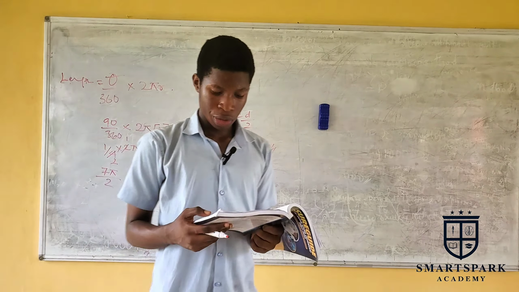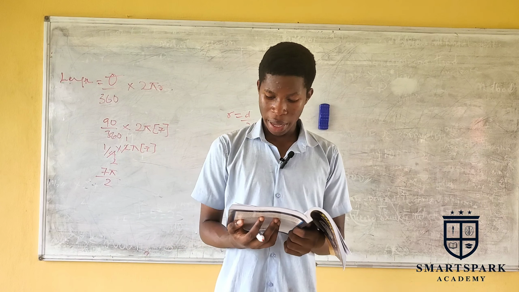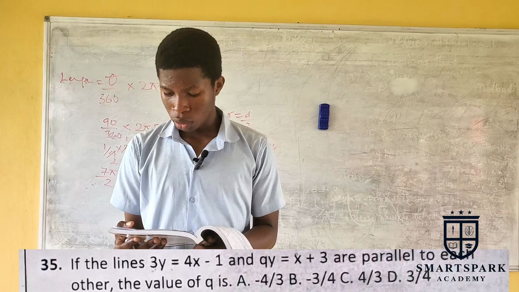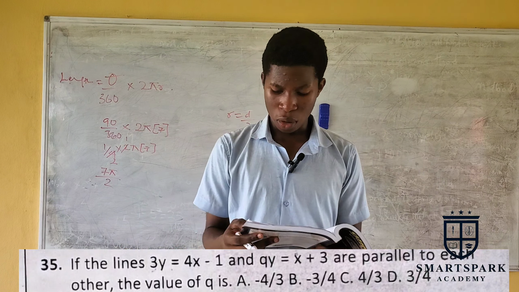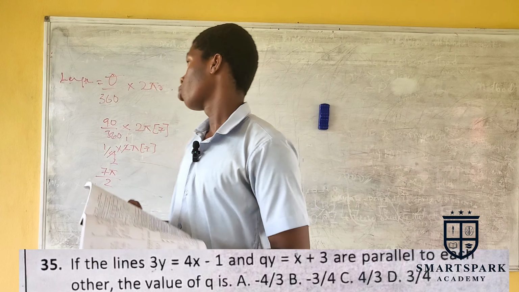We are going to be looking at question 35. It says if the lines 3y equals 4x minus 1 and qy equals x plus 3 are parallel to each other, find the value of q.